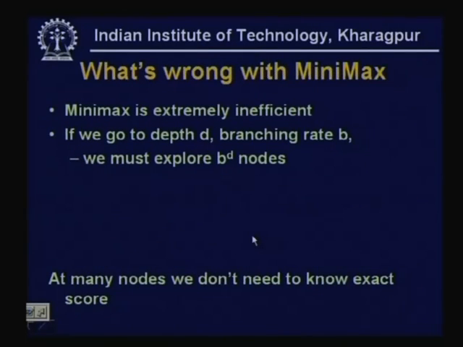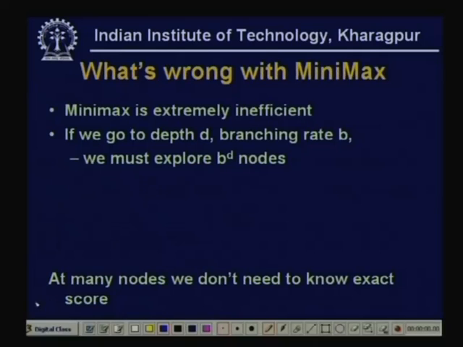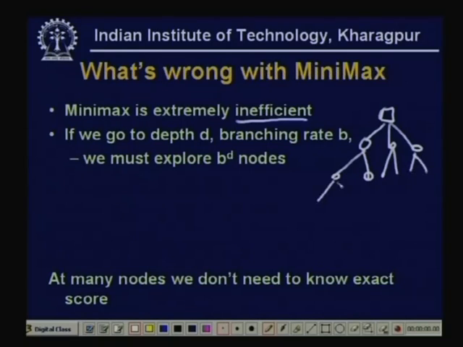Now, the problem with Minimax is that it is extremely inefficient. That is, Minimax expands all the nodes in the given search tree. If we start from the root and search d ply, up to a depth of d, and assuming that this game tree has a uniform branching factor of b, then the number of nodes explored by Minimax is b to the power d.